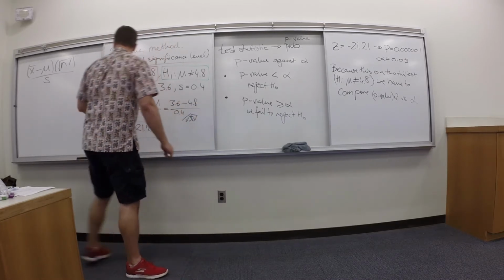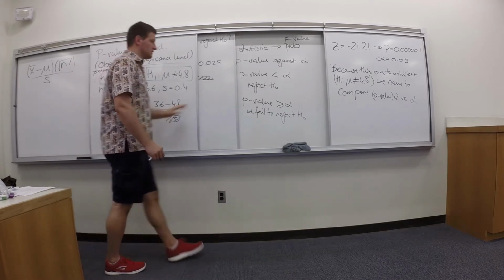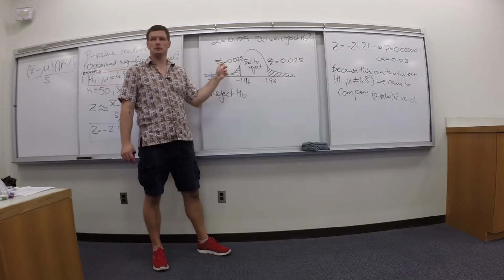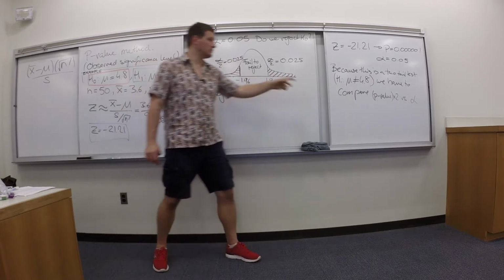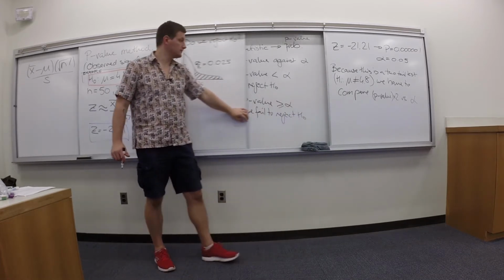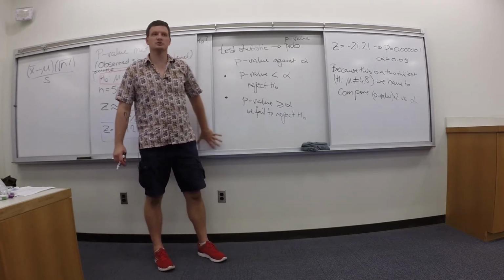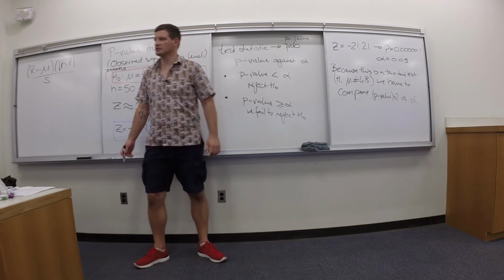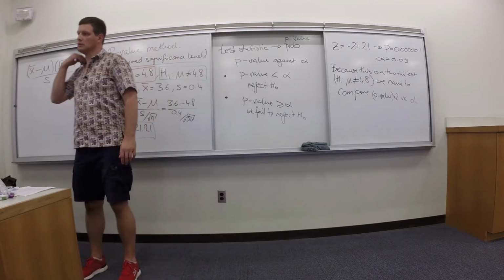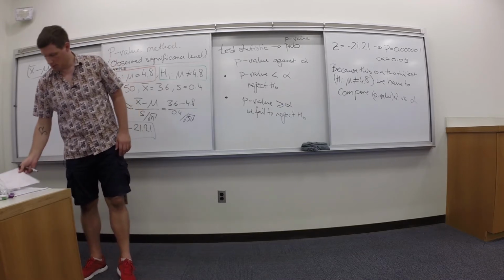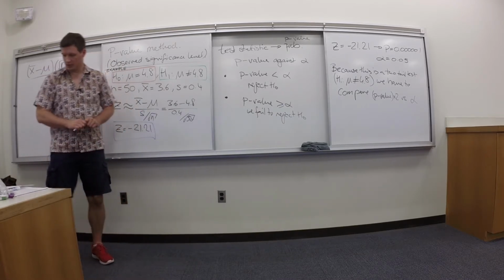In the traditional one, we looked at the alpha over 2; in the p-value, we just double the p-value. Okay, so let's double something that is really, really small. If we double something that is really, really small, what do we get?